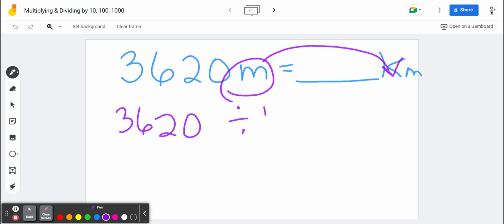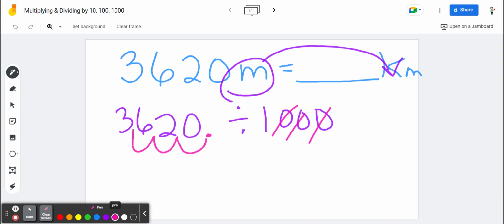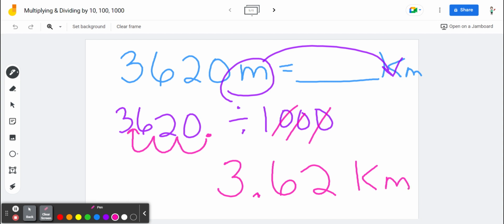And we're still going to divide by 1,000 because we're working with kilometers and meters. Same thing here. There's your decimal point, at the end of that number. 1, 2, 3. So we're going to move it backwards 3. And our answer would be 3 and 62 kilometers. So a little more than 3.5 kilometers.